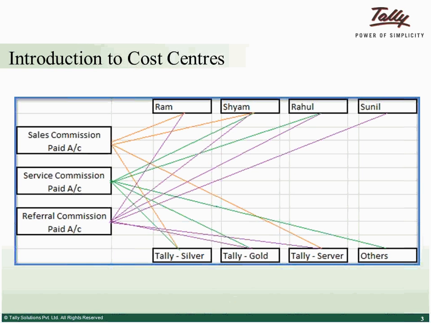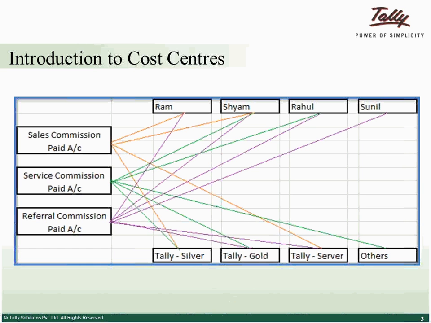How do we track this? Do we create accounts like Ram Sales Commission account, Ram Service Commission account, and so on? Then we will have 3 into 4, that is 12 accounts. Further, assume that we have 4 product lines, that is Tally Silver, Tally Gold, Tally Server, and others, and we want to know how much commission was paid for each of the products.